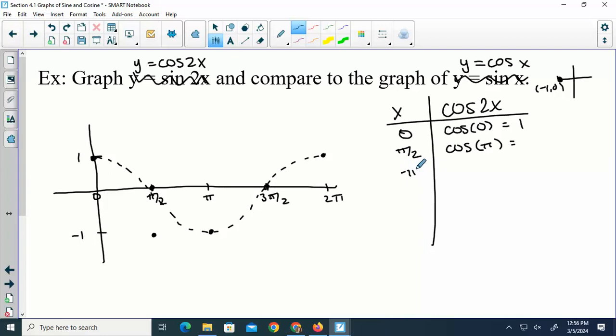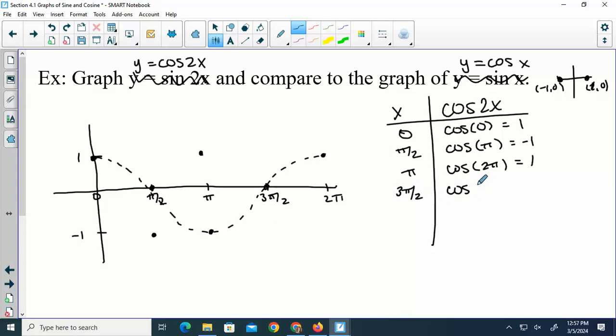If I put in a pi, 2 times pi is 2 pi. What's the cosine of 2 pi? Back to 0, so 1. So we're getting 1 again. It's more frequent.